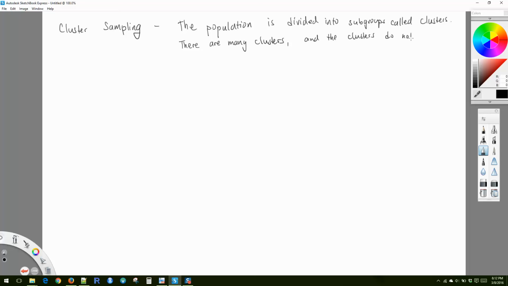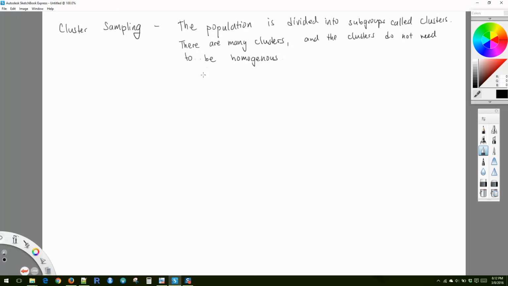So it doesn't have to be clusters based on gender or whatever. Actually, it's better if they're not, okay?